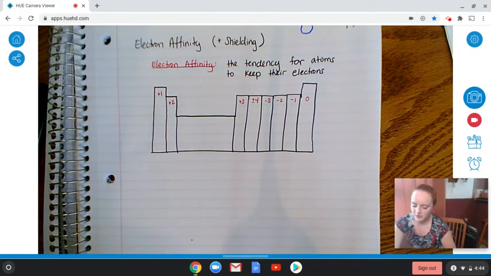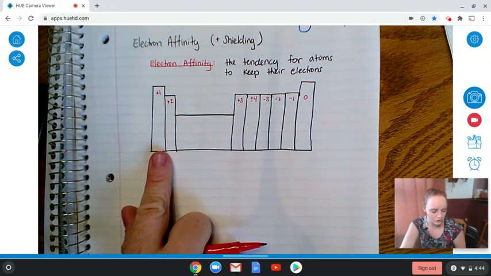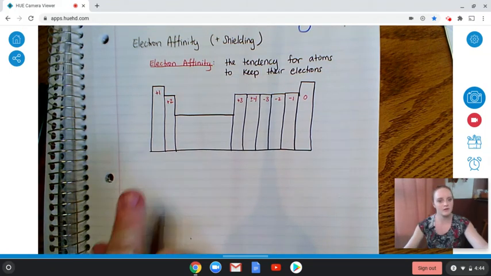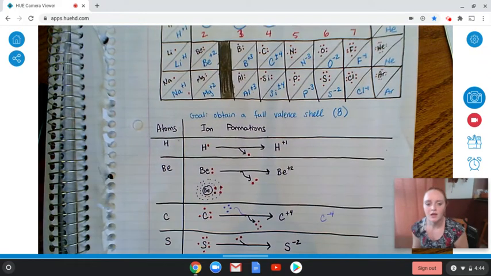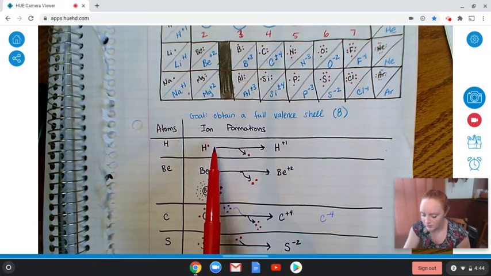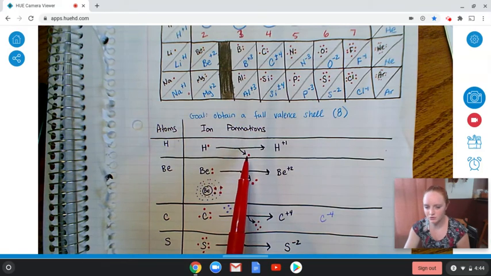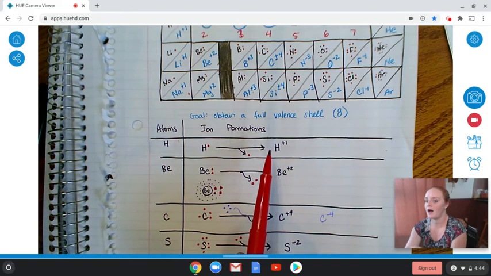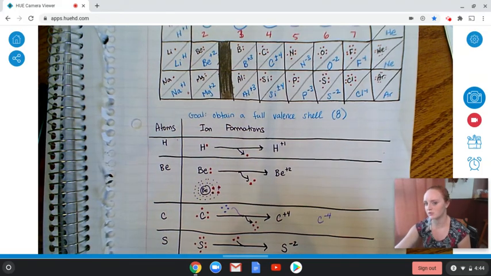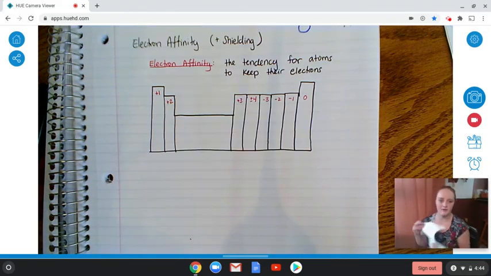And we know that when you have a positive charge, you have lost electrons. For example, we looked at hydrogen. When you lose an electron, when you lose a negative particle, you become more positive. You lose something negative about you, you become more positive.